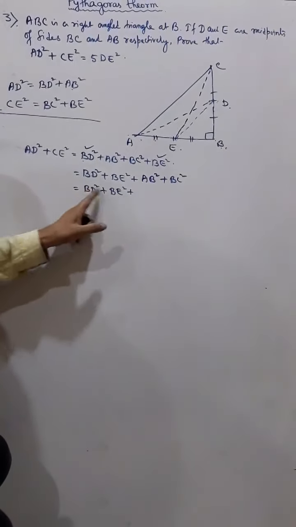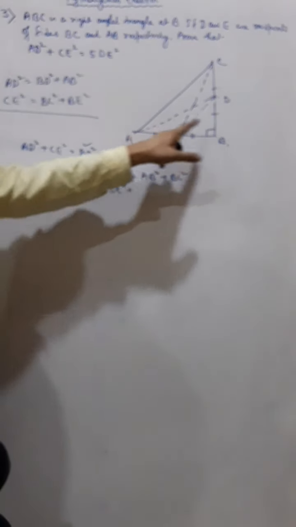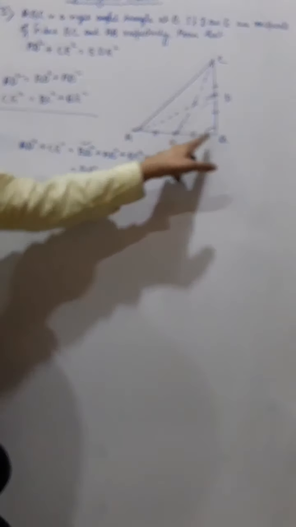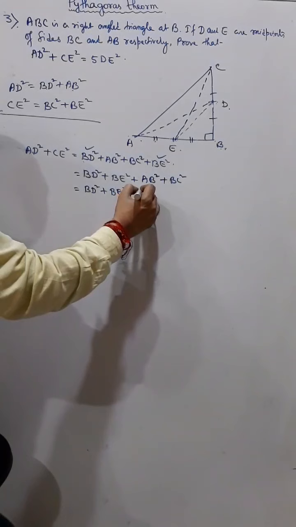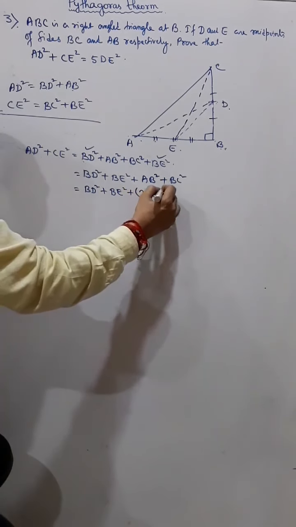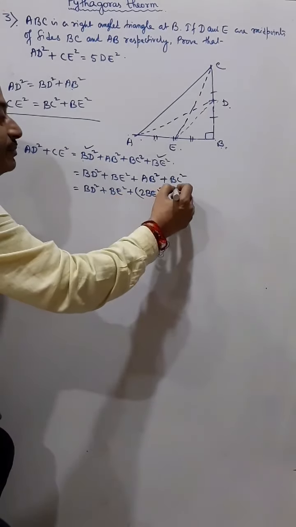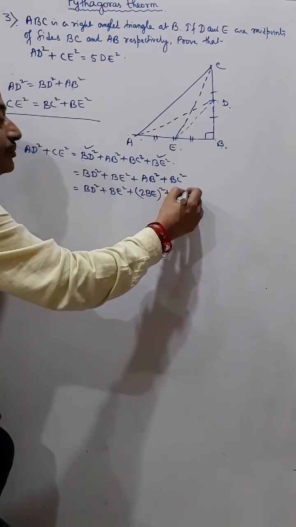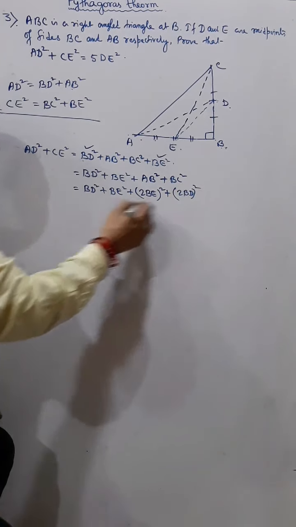We will replace AB with 2BE, whole square, and we'll replace BC with 2BD, whole square.